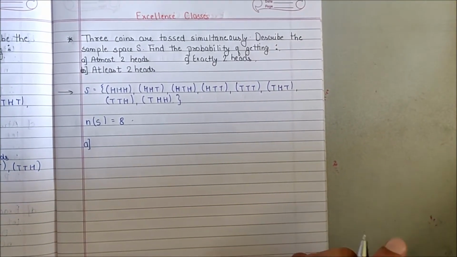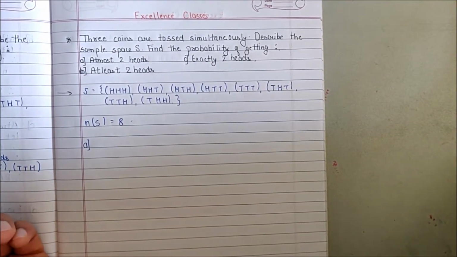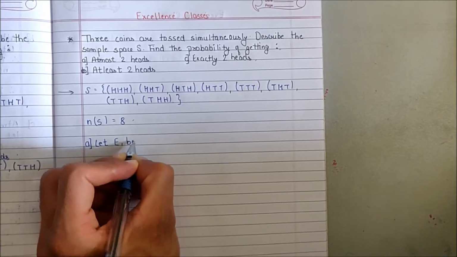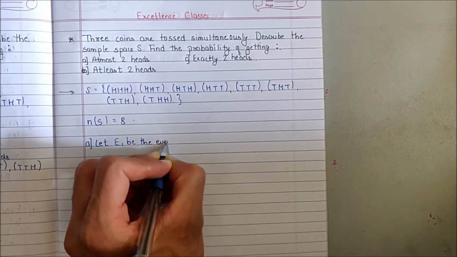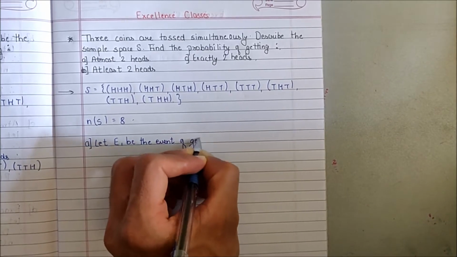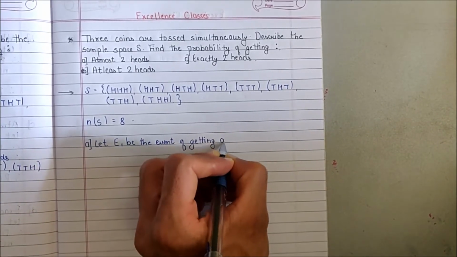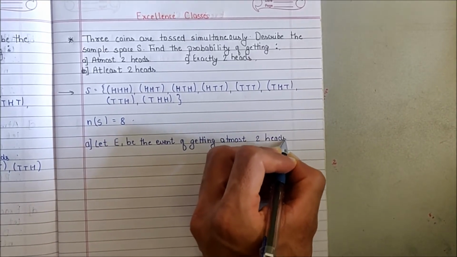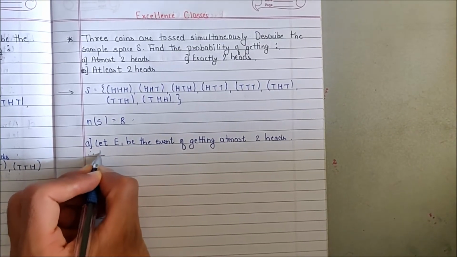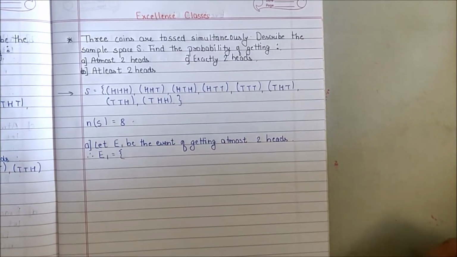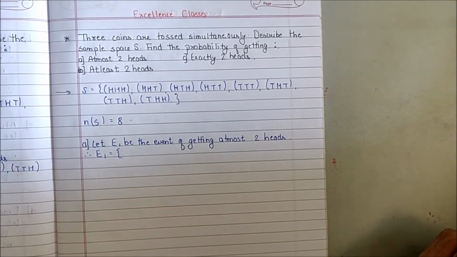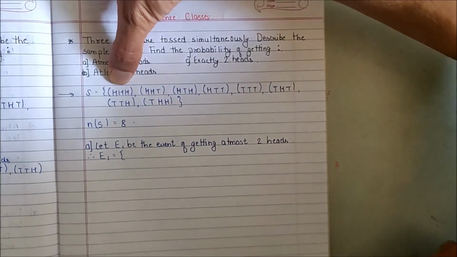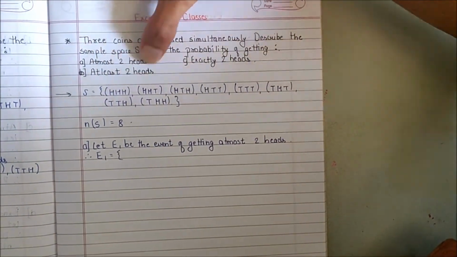Now in the first case they are asking you to find at most 2 heads. At most 2 heads is nothing but a maximum of 2 heads in my sample space. So let us consider an event. Let E1 be the event of getting at most 2 heads. Therefore the event E1 is equal to, now from the sample space, if I want at most or maximum of 2 heads, then we can clearly see that only the first one, all the 3 coins showing head, will not be included, and the rest all is going to be included.